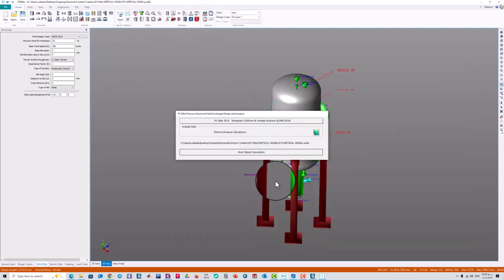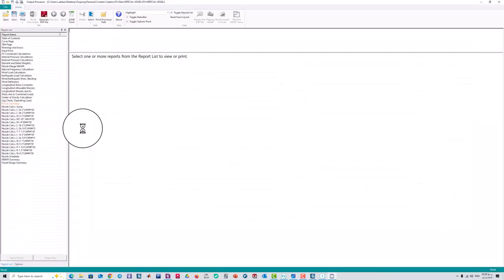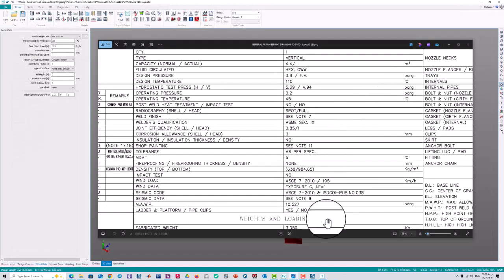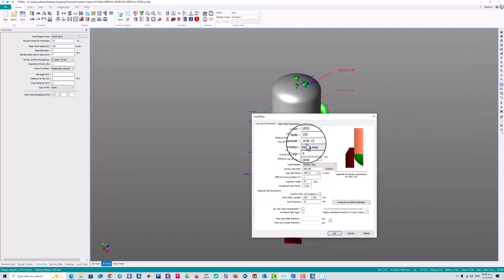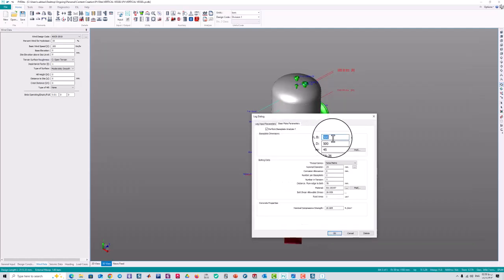Run the analysis again to see if there is anything wrong with the dimensions of the base plate or legs, and we try to optimize the base plate a little more.